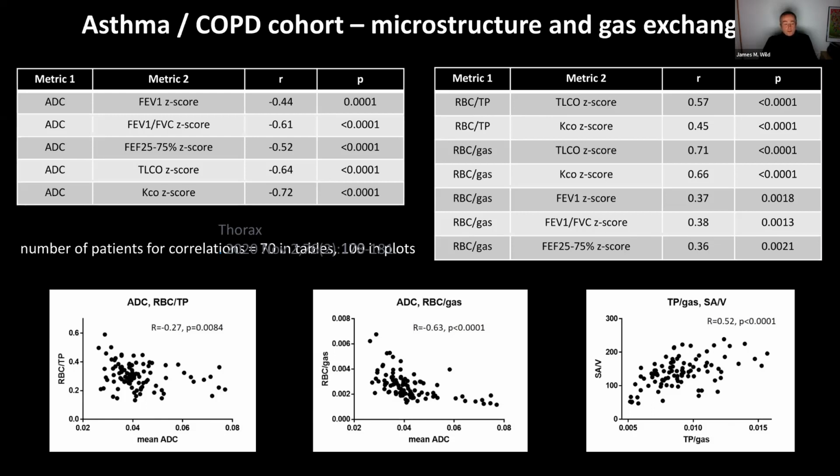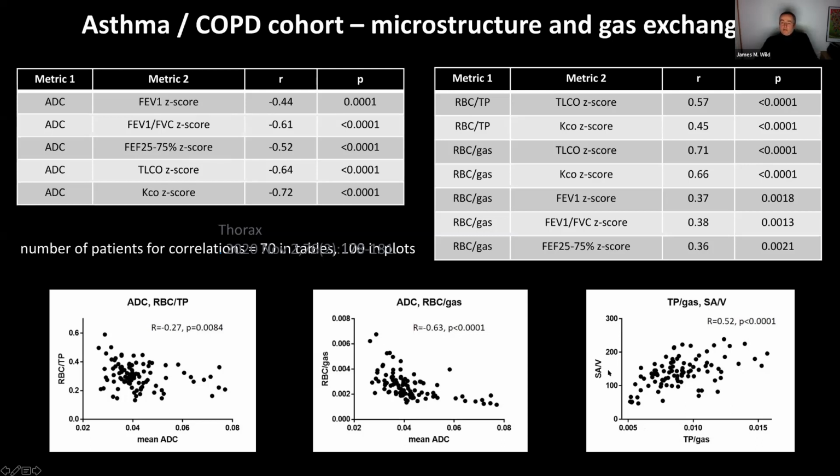Here we've got some preliminary analysis from that study, looking at the surface area to volume ratio from the airway analysis using diffusion weighted imaging, and this is the tissue plasma to gas signal.